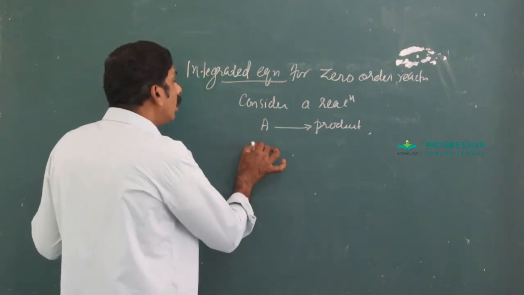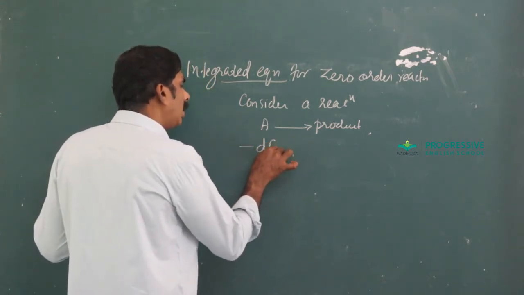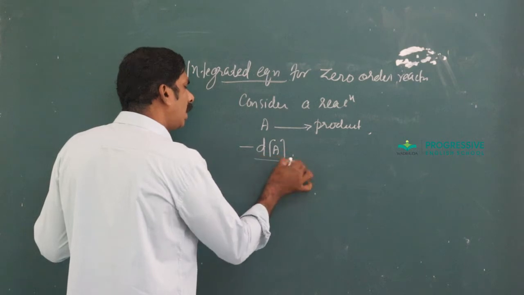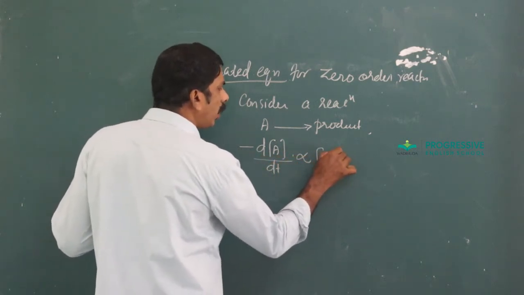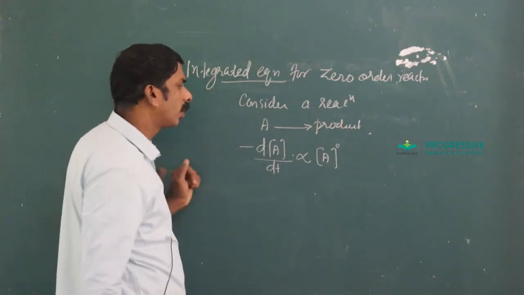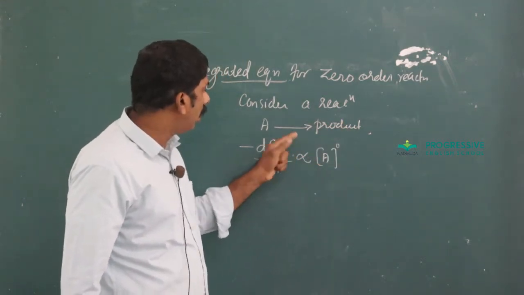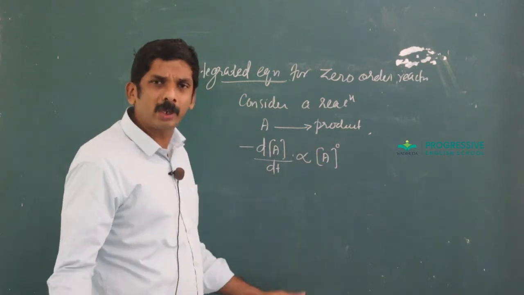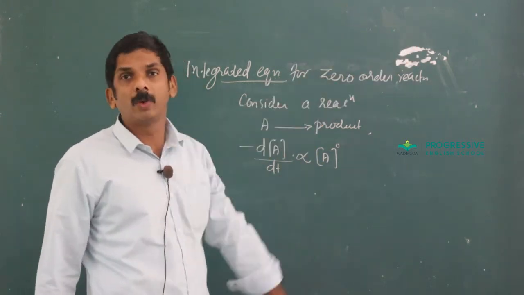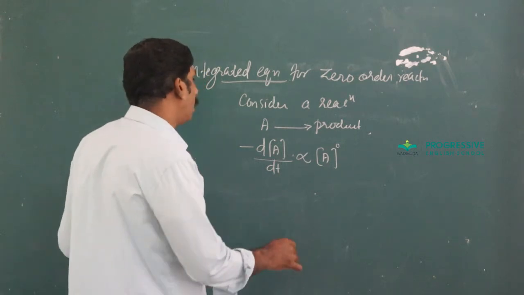Then the rate law: minus dA by dt proportional to A raised to 0, because the rate of a reaction does not depend upon the concentration. Any quantity raised to 0 is equal to 1.